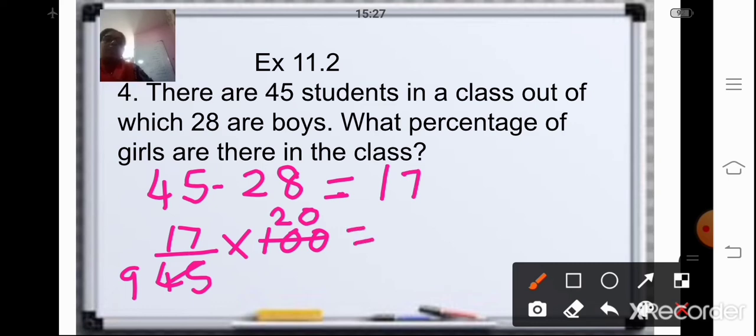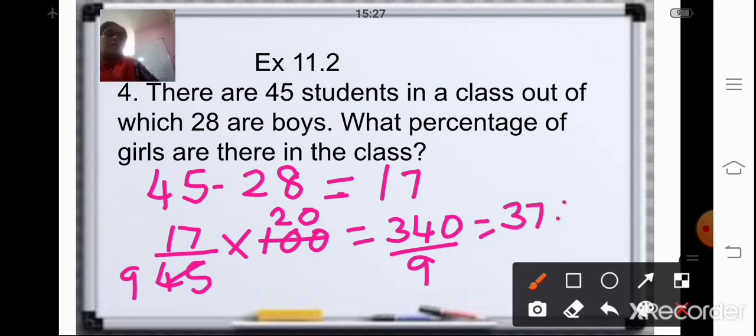That will be 334, add that 0, so that will be 340 upon 9. Now when you divide 340 by 9, your answer will be 37.7%. So 37.7% of the class are girls.